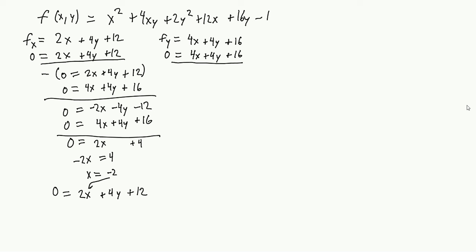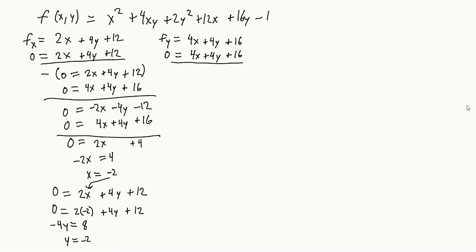I'm going to plug negative 2 in for x there. So that leaves me just a single variable y to solve for. Let's subtract 4y over. 2 times negative 2 is negative 4, plus 12 is going to be 8. If I divide each side by negative 4, y is going to be negative 2. So it just so happens that x and y both came out to the same number this time. That doesn't always happen. You just have to work the equations out and see what it is. So don't think that always happens.